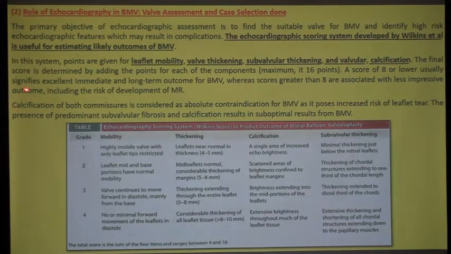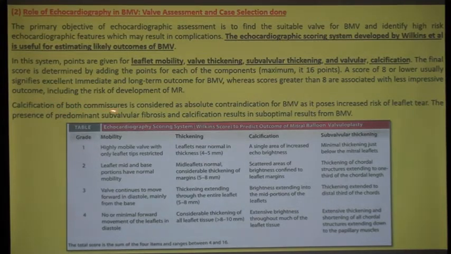The final score is determined by adding the points for each component, and the maximum can be 16 points. A score of 8 or lower usually signifies excellent immediate and long-term outcome, whereas scores greater than 8 are associated with less impressive outcome, including the risk of development of mitral regurgitation.